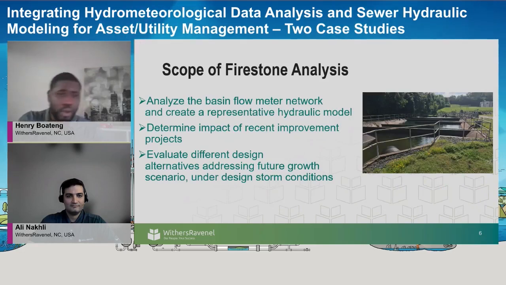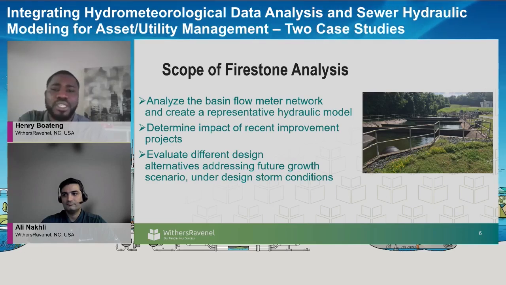As usual, the scope of this analysis was pretty simple: the normal flow meter network assessment and creating a representative hydraulic model, checking the recent impact of numerous projects that have been done. And that is one important thing that most of the time tends to be overlooked. We sometimes may be focused on, oh, let's fix this, let's put in this new line, let's do this rehab.